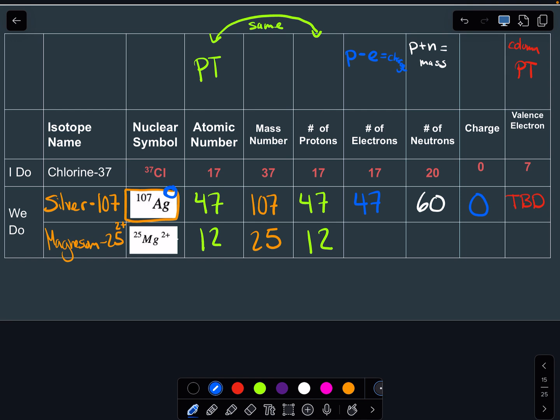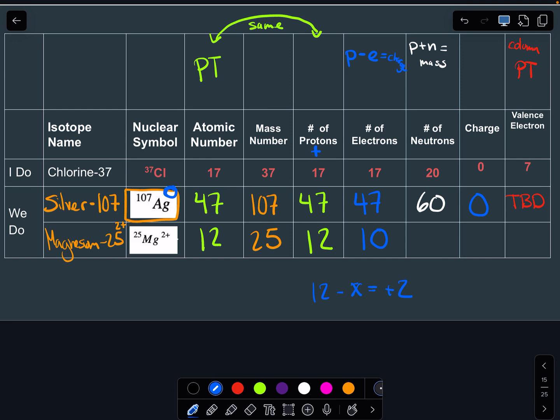So the way my brain thinks about it is, that means I have 2 more protons than I have electrons. So that means I must have 10 electrons. If I'm positively charged, I need more of my positives than my negatives. You could also think of it as 12 minus what will equal a +2 value. That's if you like to think of it like an equation.